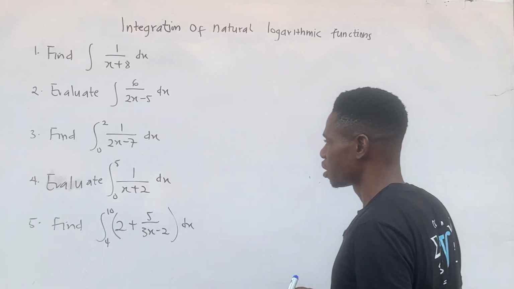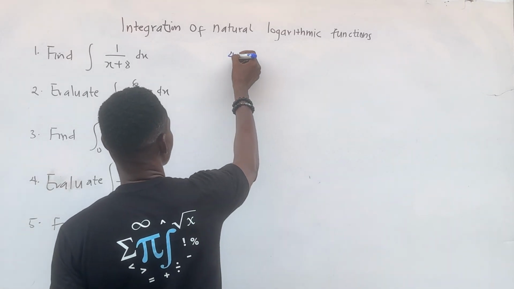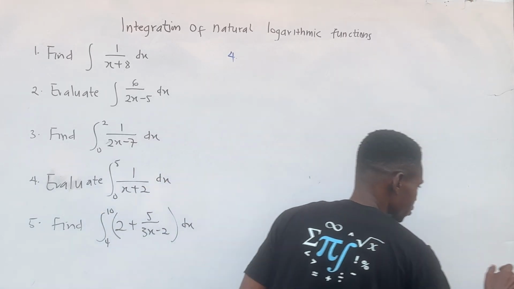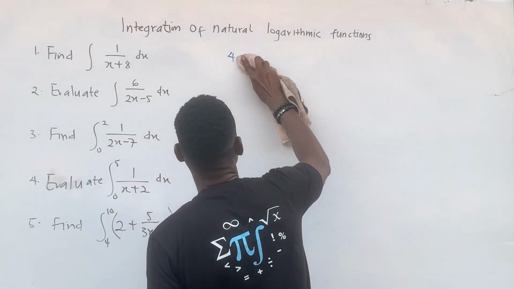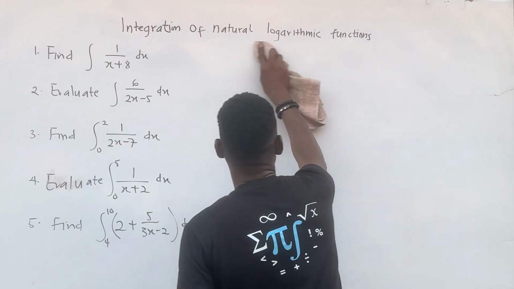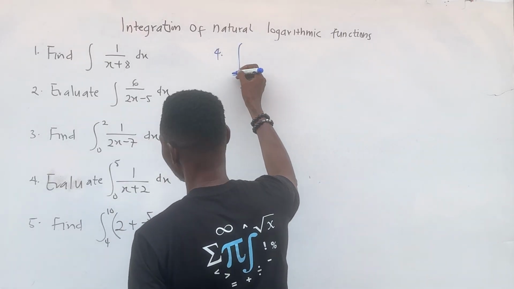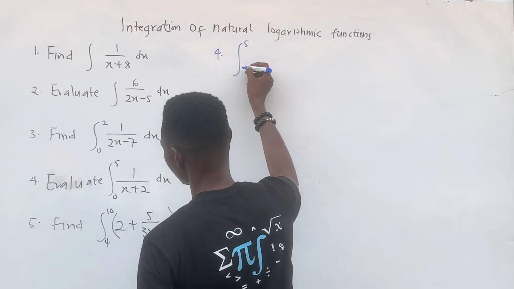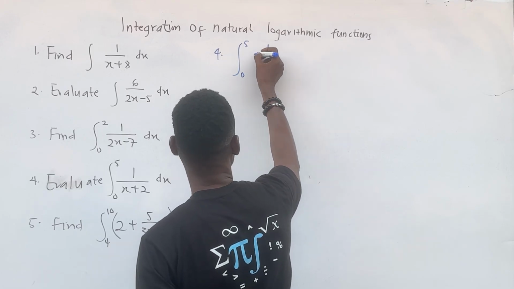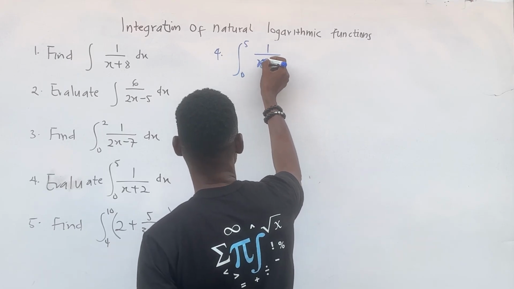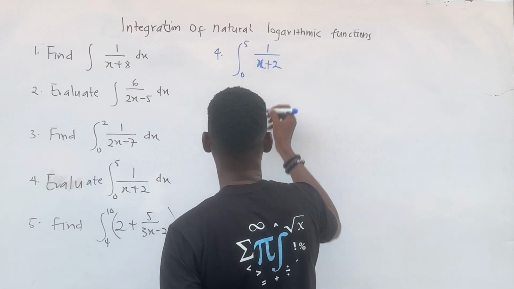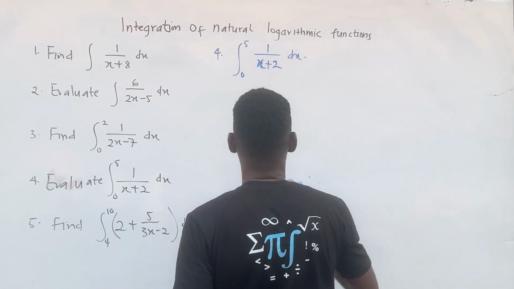Number 4 says evaluate the integral from 0 to 5 of 1 over x plus 2 with respect to x.